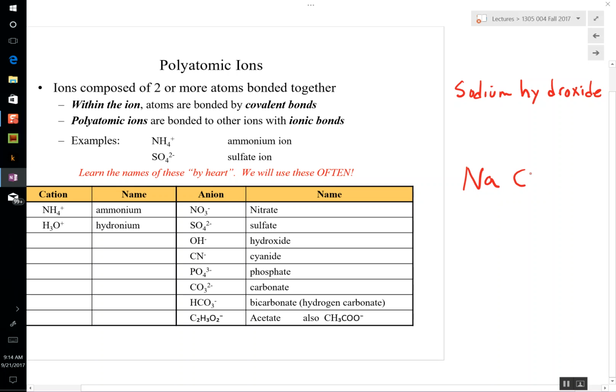You would write the symbol for the hydroxide. You would look at the charges on them. Got a -1 charge. Okay? And so this one is going to go there, this one is going to go there, and we're going to get the formula sodium hydroxide.